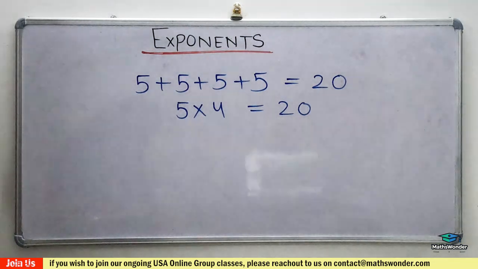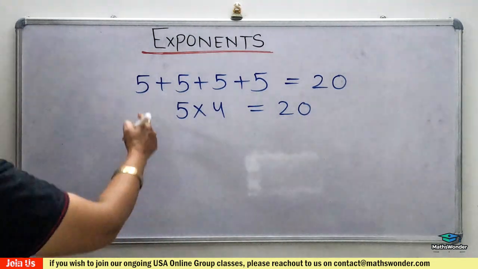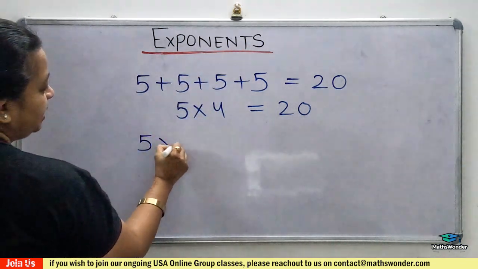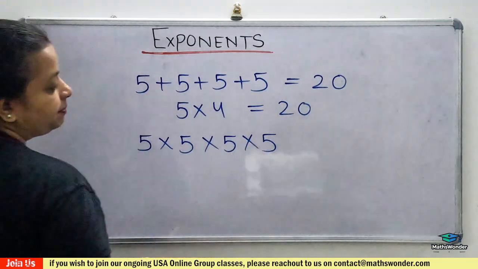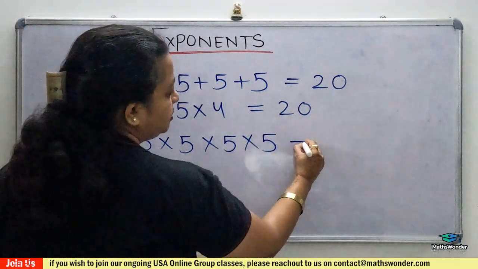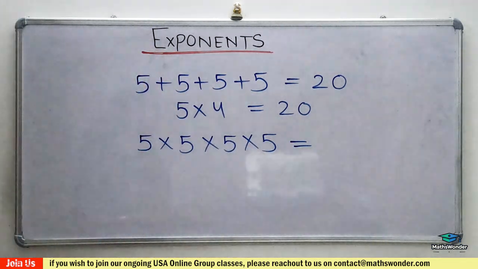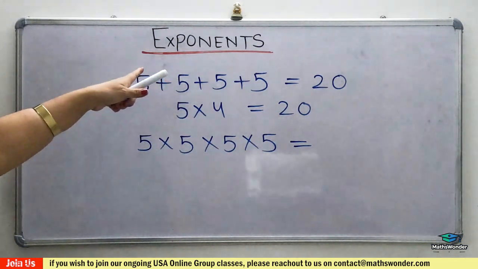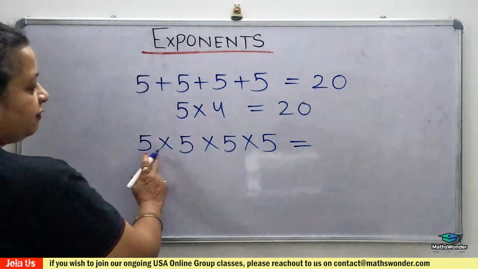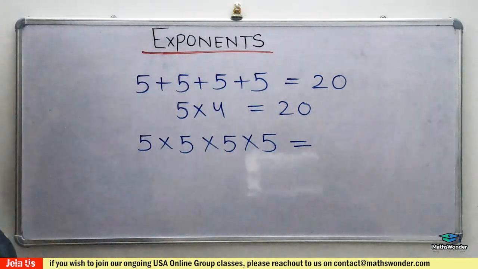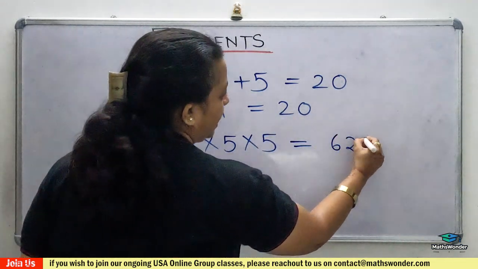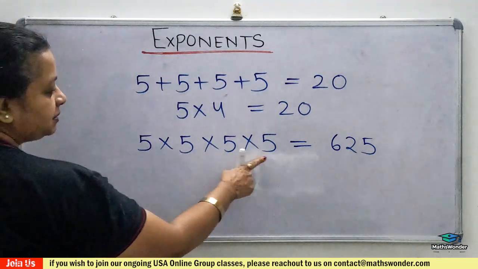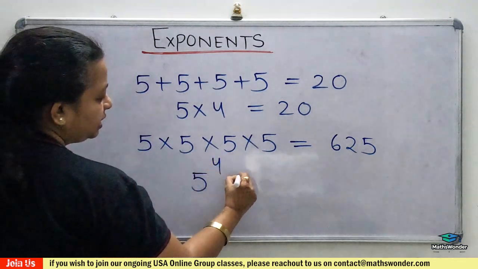So this is the shorter form of addition. Similarly, we can write repeated multiplication in a shorter form using an exponent. The same thing, we write 5 times 5 times 5 times 5. You can write this in a shorter way using an exponent. 5 times 5 is 25, and 25 times 25 is 625, right? Since there are four 5s, you can write it in this shorter form.